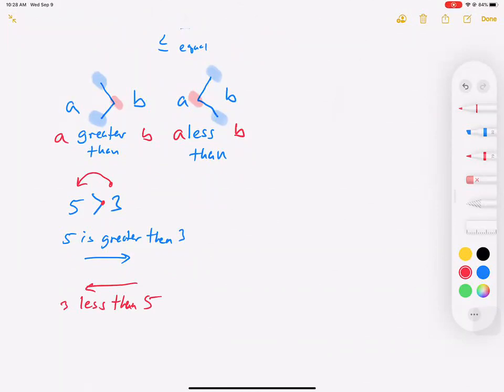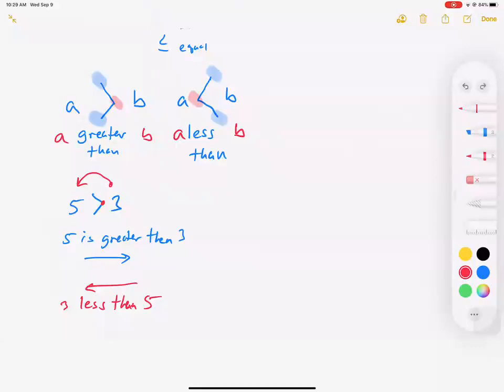If I'm going this way, I'm going from left to right, but then going this way, I go right to left, and words make a difference. So we have to choose the right word. So 3 is less than 5, reading from right to left, and 5 is greater than 3.